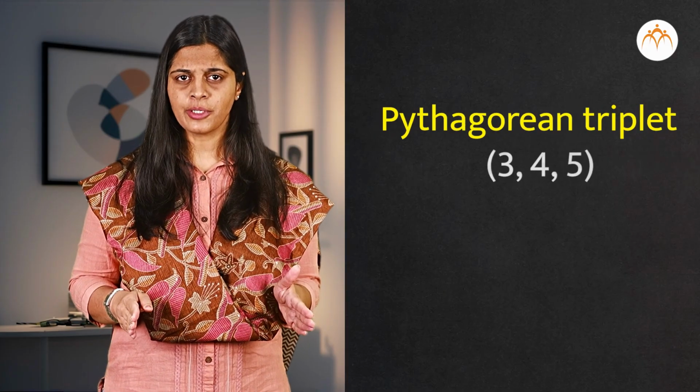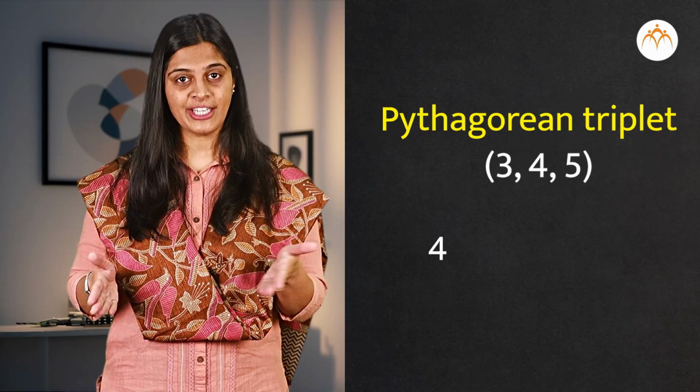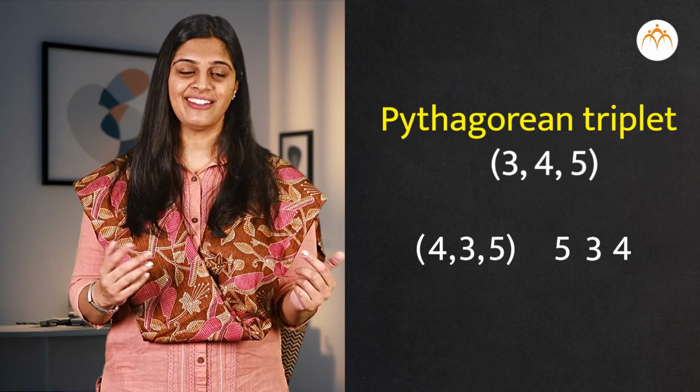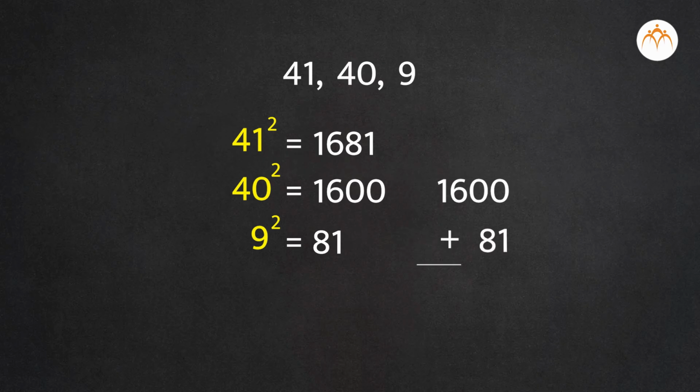Numbers in a Pythagorean triplet can be written in any order. For example, 4, 3, 5; 5, 3, 4, etc. 41 is the largest number in the triplet 41, 40, 9. 41 square is equal to 1681, 40 square is equal to 1600 and 9 square is equal to 81. 1600 plus 81 is equal to 1681, which is equal to 41 square.